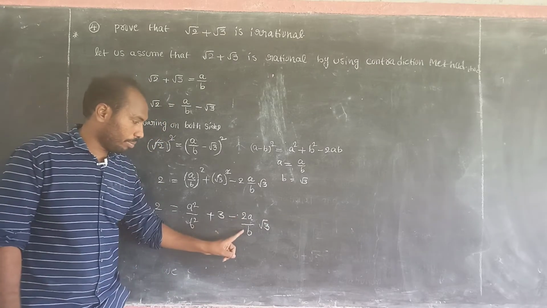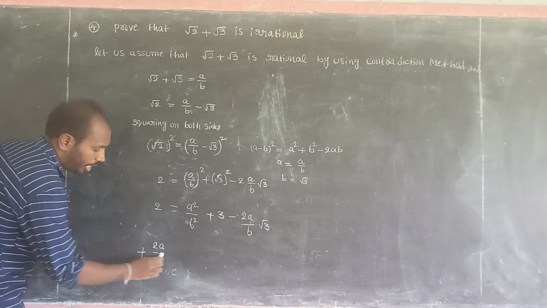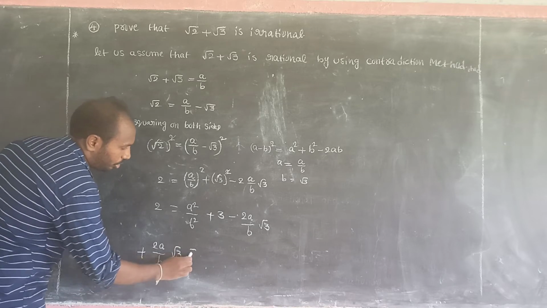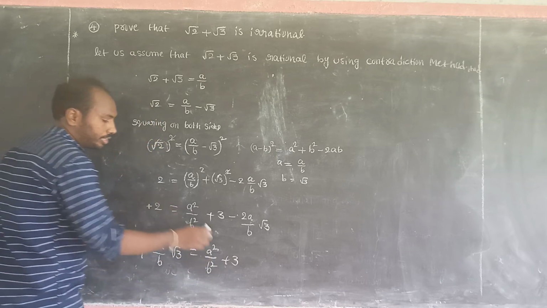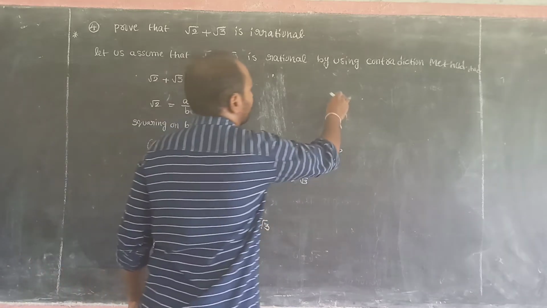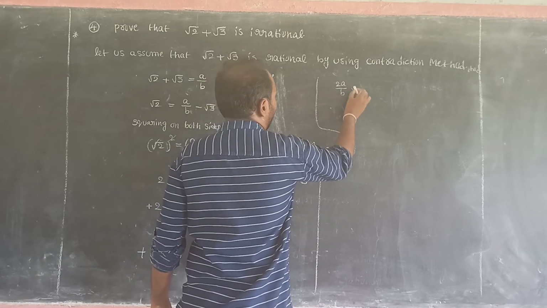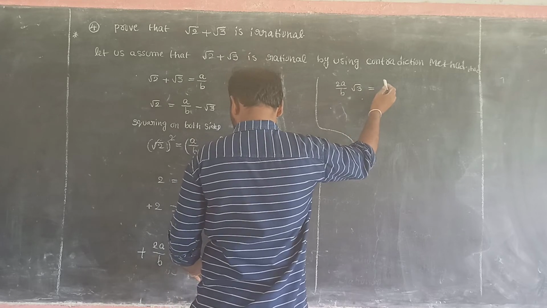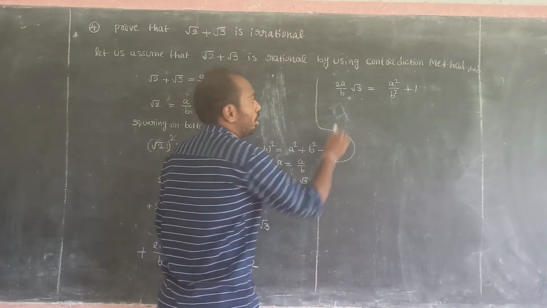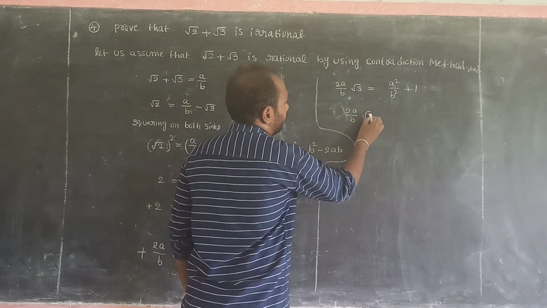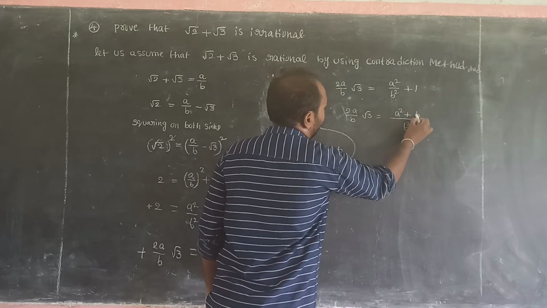Transposing minus 2a by b root 3 to the left side, plus 2a by b root 3 is equal to a square by b square plus 3, plus 2 transposing to the right side, minus 2. 2a by b root 3 is equal to a square by b square plus 1. LCM is b square, so (a square plus b square) by b square.